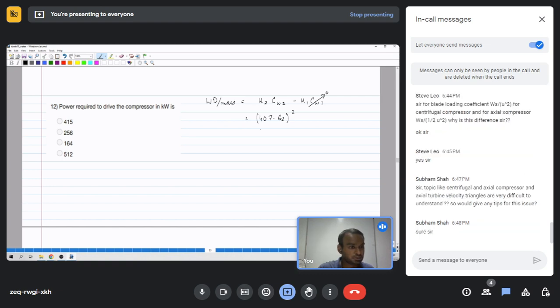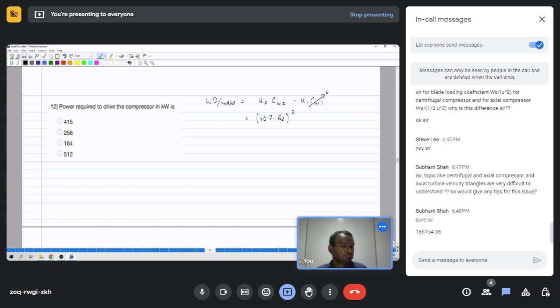Okay, can you compute this? 166.54, yeah.